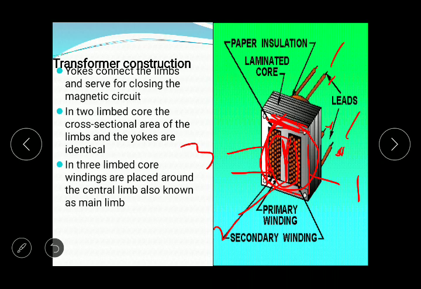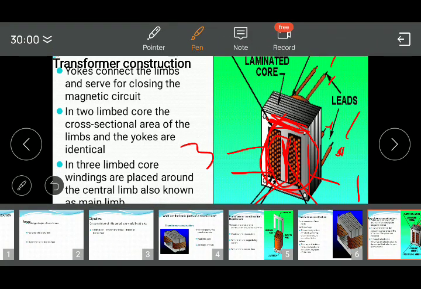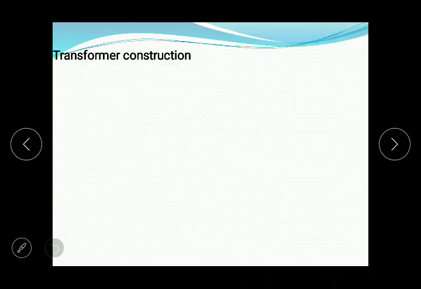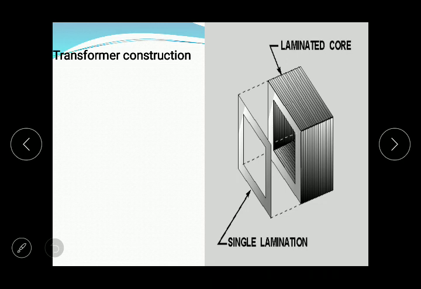This limb is known as the main limb. Here see a single lamination and the laminated core.